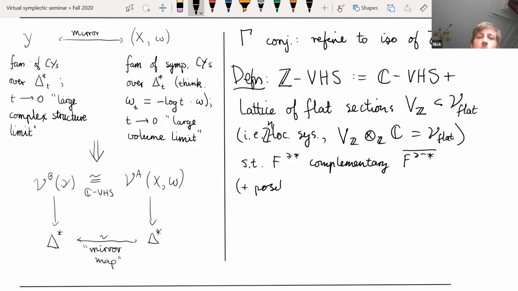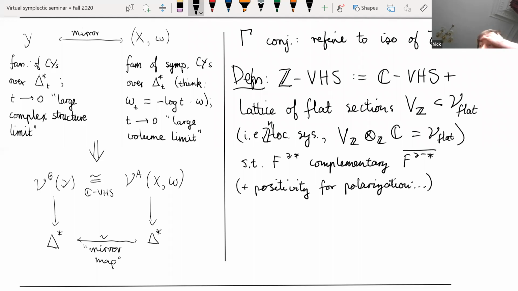And if you want to talk about polarizations, then there's an additional positivity condition about this pairing.